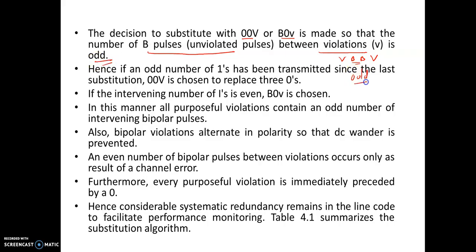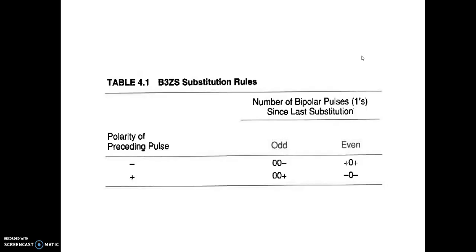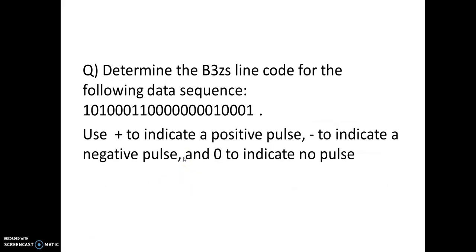This is the condition on which we make the decision. So whether we use 00V or B0V is such that the number of B pulses between two violations is always made odd.